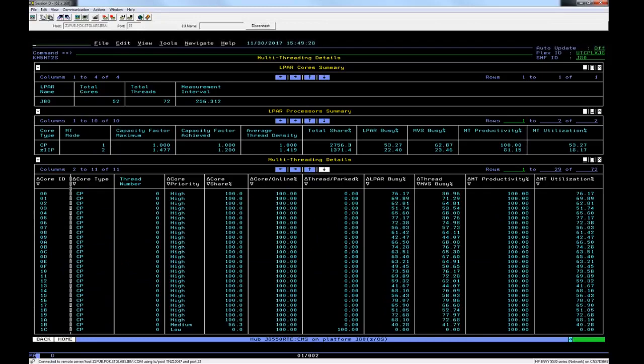The measurement interval is just telling us over what interval the metrics in the subpanels below represent. And here we see some terminology which is specific to multi-threading. The mode, 1 indicates single threading, 2 indicates MT2 or 2 threads to a physical processor.